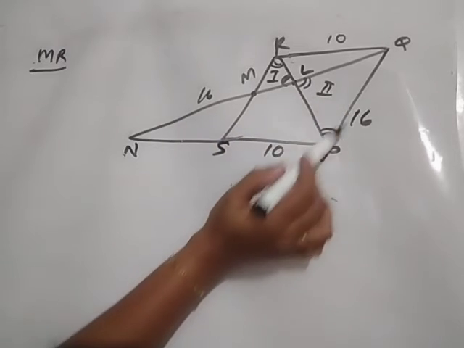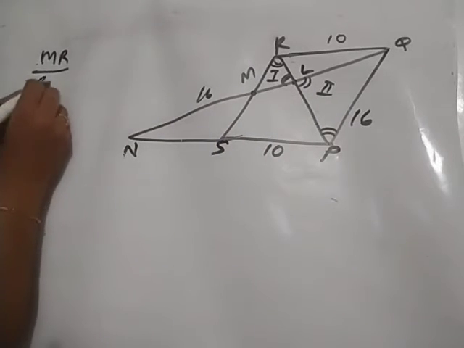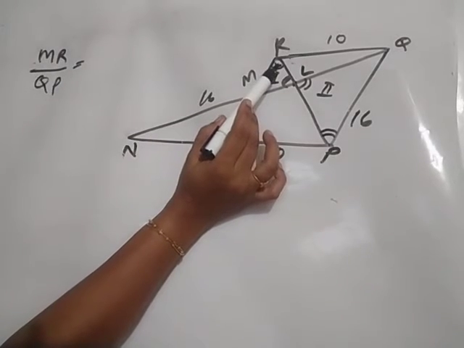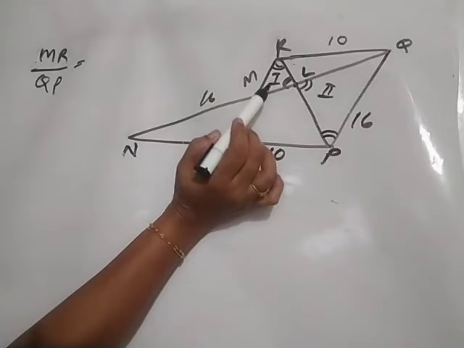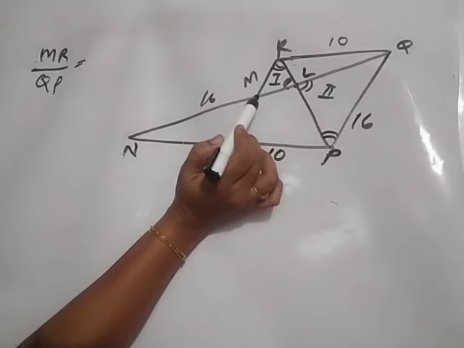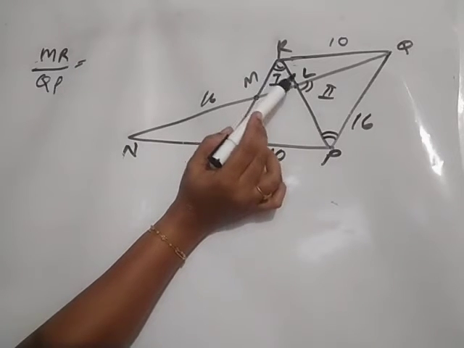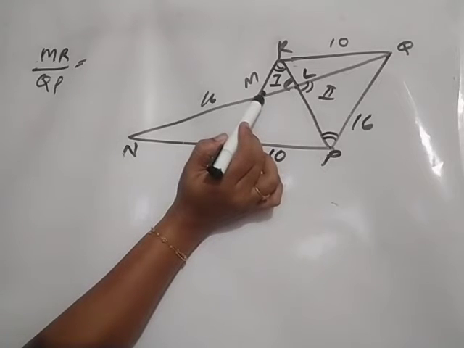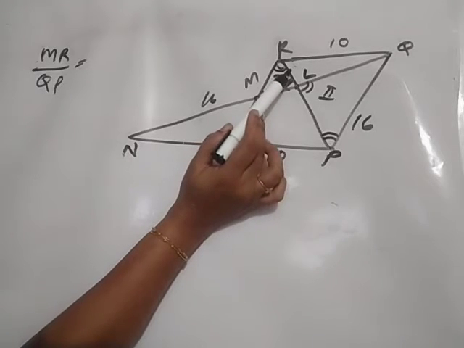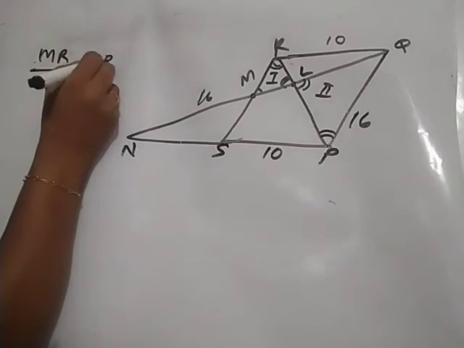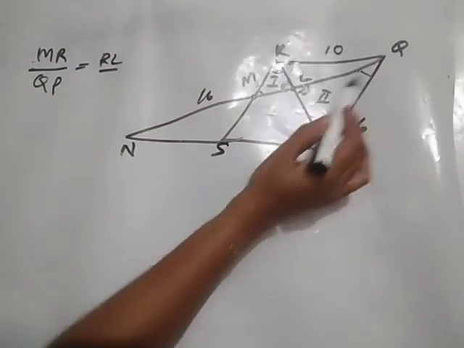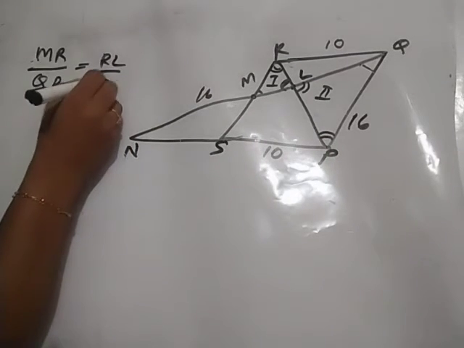Yes, QP, is equal to the side opposite to this R, that is ML, but we need RL in that question. So we can take the side opposite to the third angle, which is this third angle M. What is the side opposite to the third angle? RL by the side opposite to this third angle Q, LP or PL.